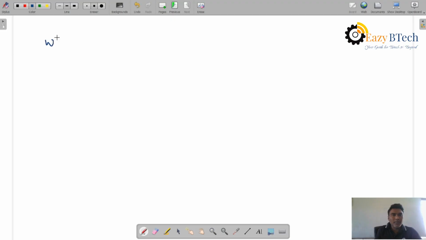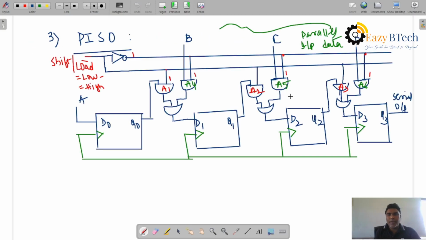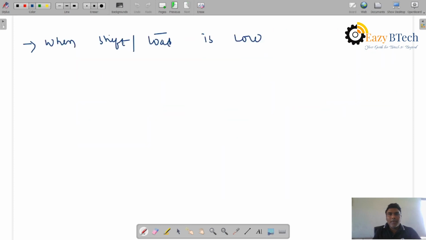Let me write this point. When shift load bar is low, what happens?